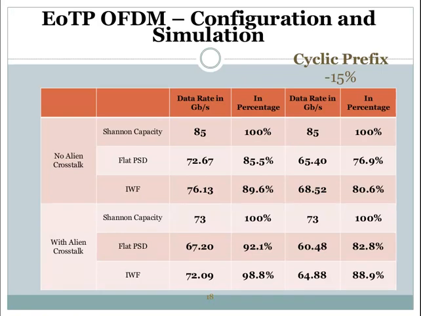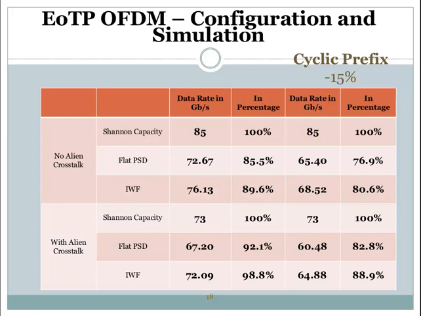The simulation result is presented in this table, and we have two factors as variables to consider. First, whether the alien crosstalk is included or not. Alien crosstalk is the crosstalk from the other external cables.